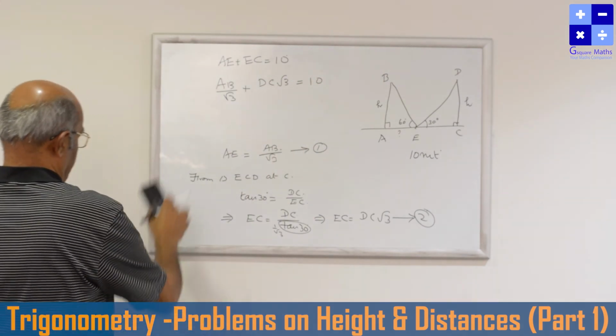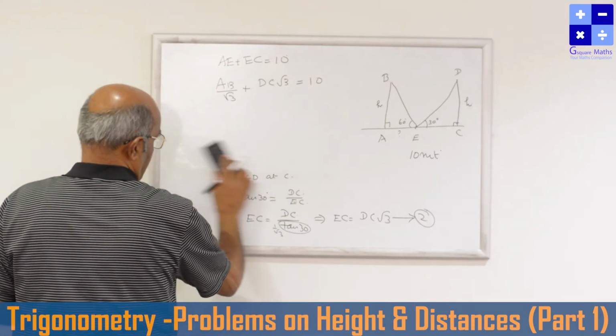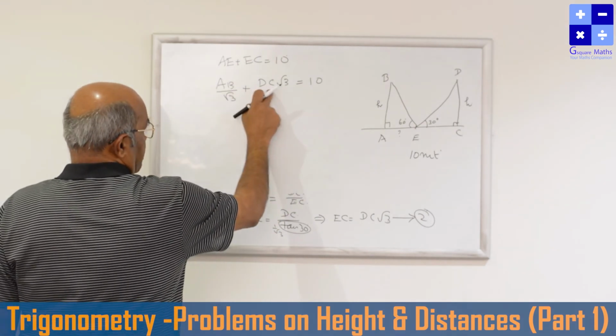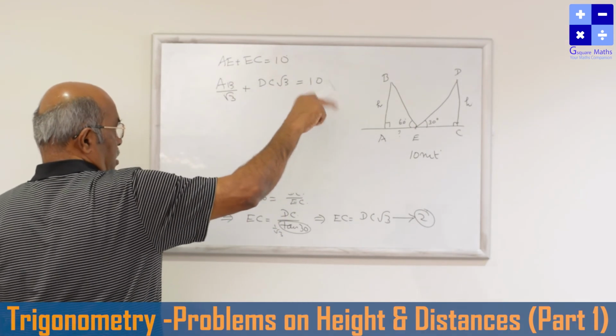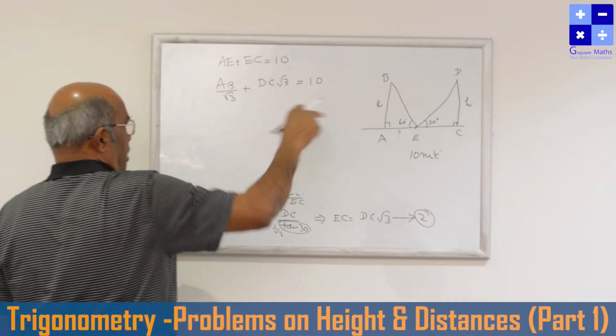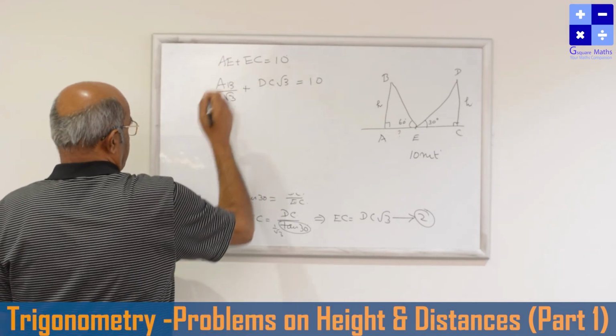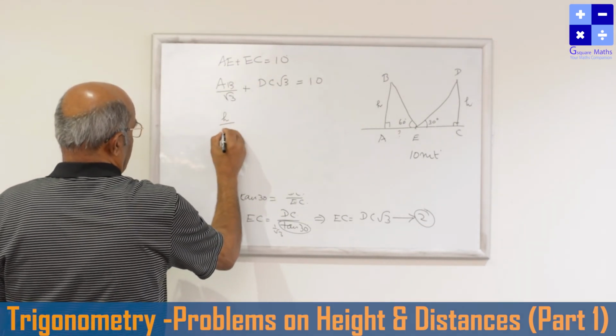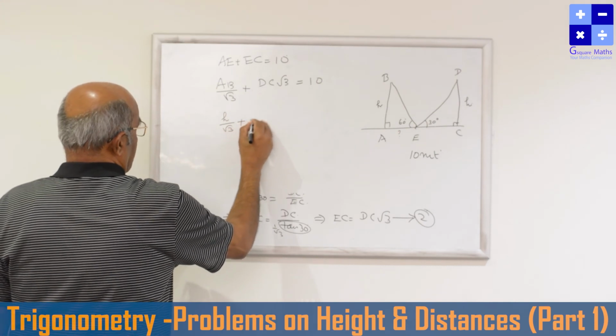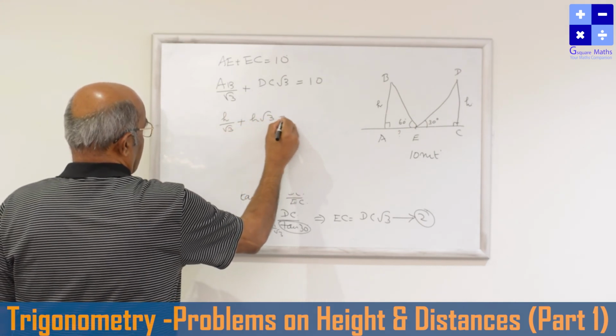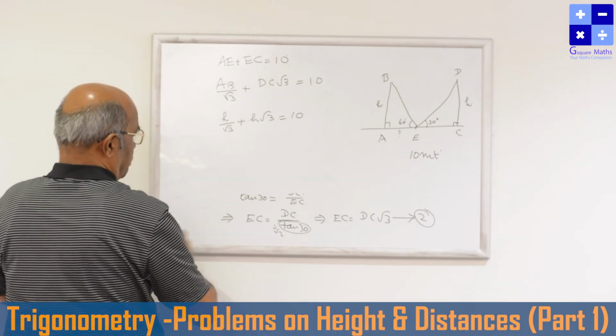But remember, AB and DC are the heights of the buildings, both the same height. Therefore, this is also h, this is also h. So h by root 3 plus h root 3 is equal to 10.